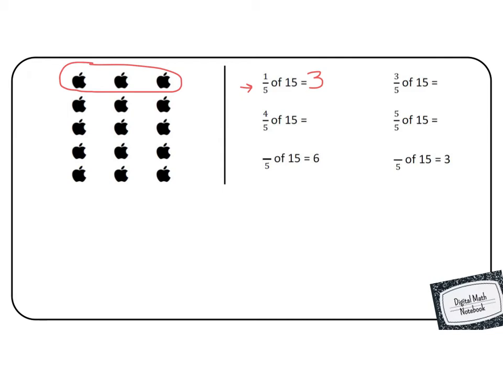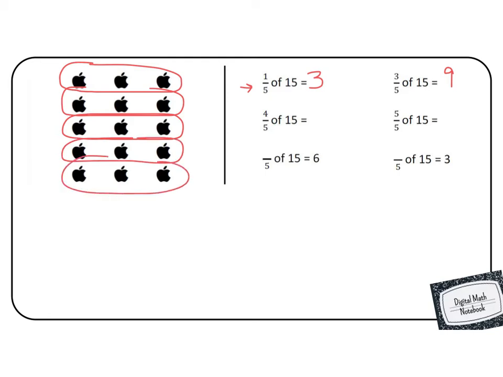If I circle 3 of them, that would be 9. If I circle all 5 of them, that would be 15, obviously, right? They're all circled. If I only circle 4 of them, that would be 12.